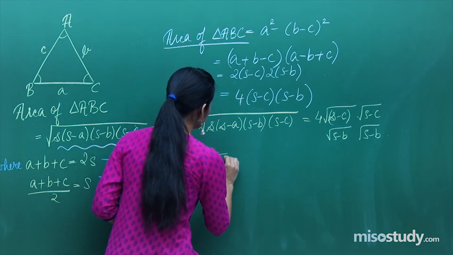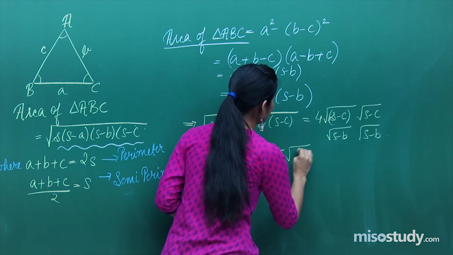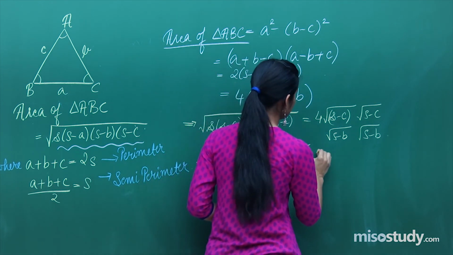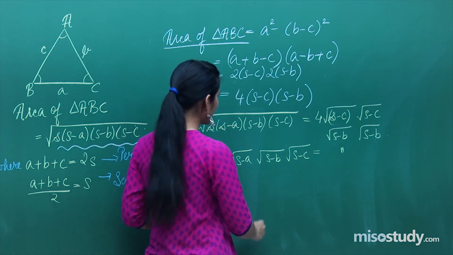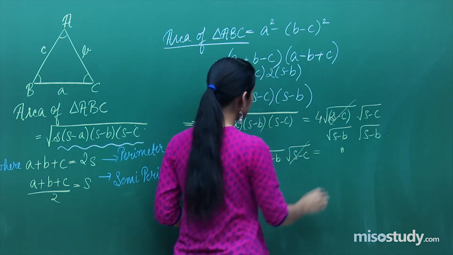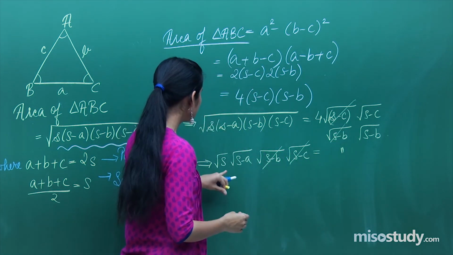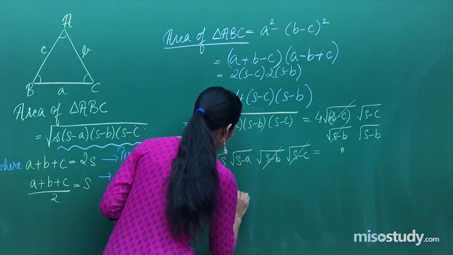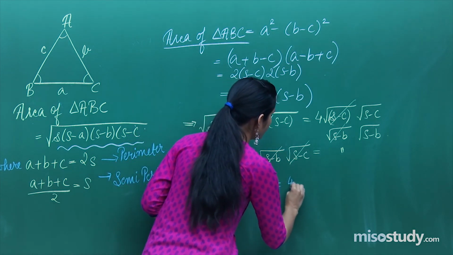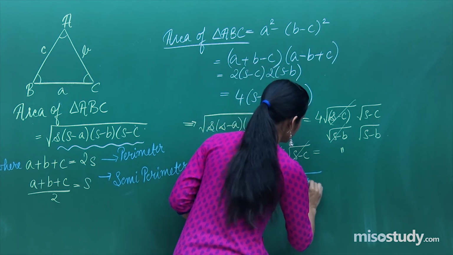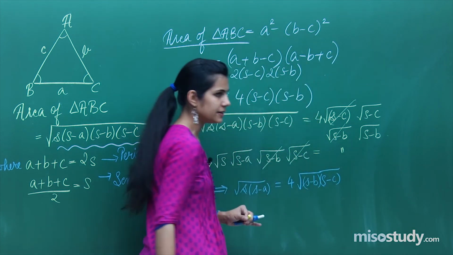So what you are going to get is under root s minus a, under root s minus b, under root s minus c equal to this same expression. From here you cancel out one under root s minus c and one under root s minus b. What you are left with is under root s into (s minus a) equals 4 times under root (s minus b) into (s minus c).